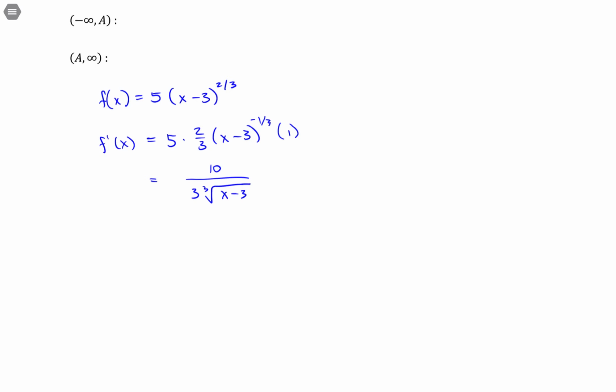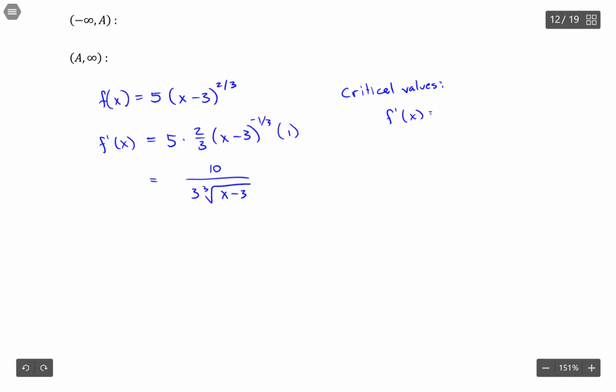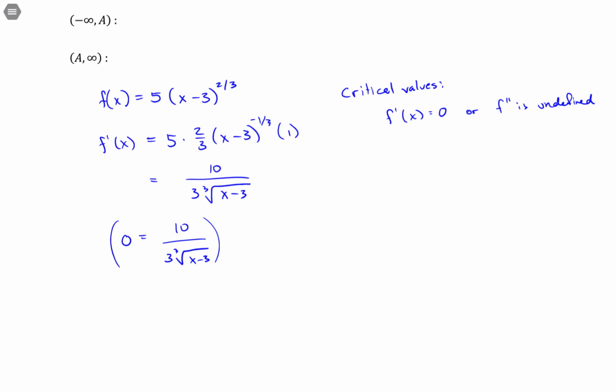Now, critical values. Let's talk about those. Critical values occur whenever the first derivative is equal to 0 or the first derivative is undefined. So if I try to set this equal to 0 and solve, I'm not really going to get very far, because the only thing that I can do is try to get that cube root out of the denominator.